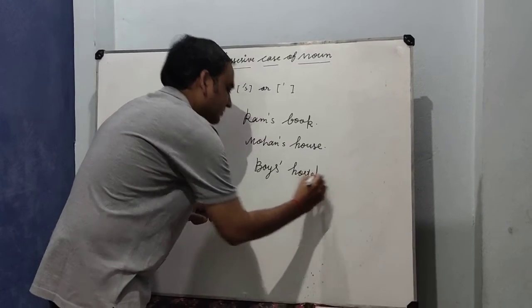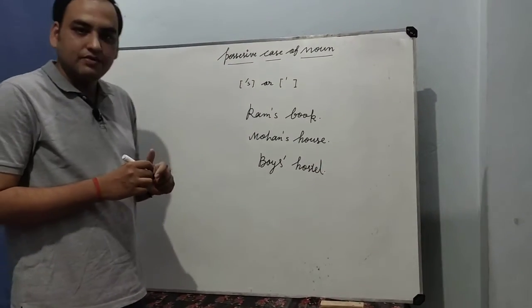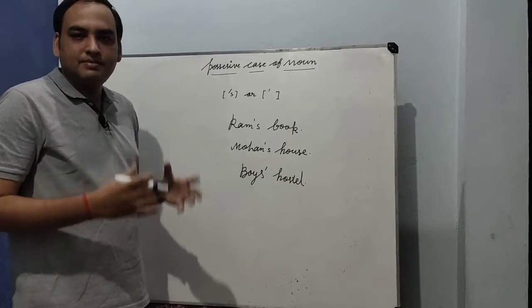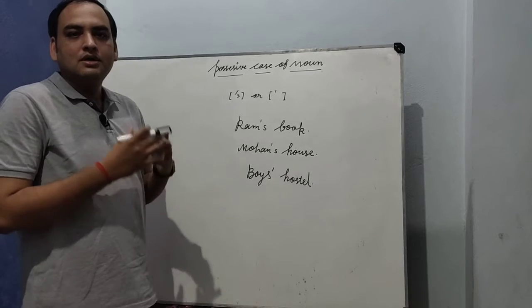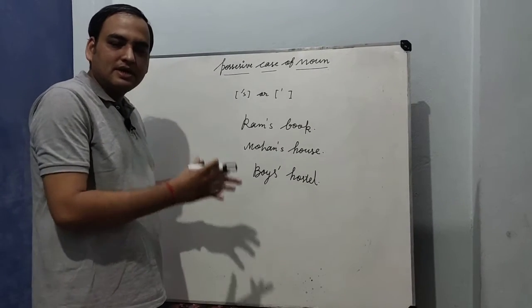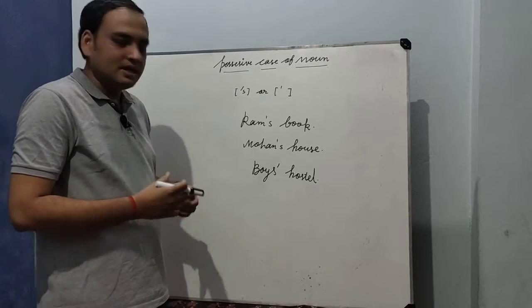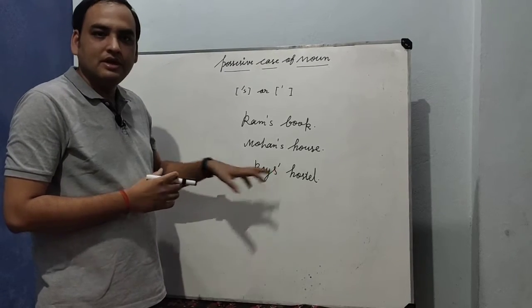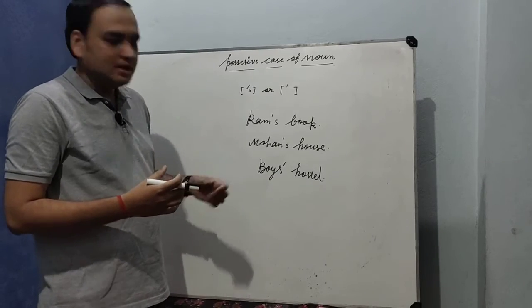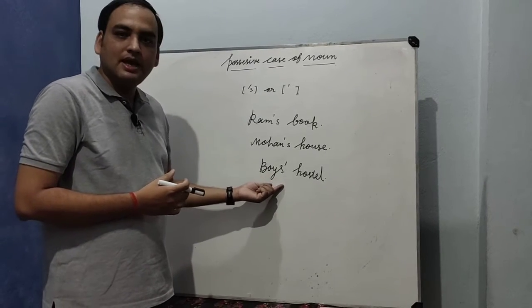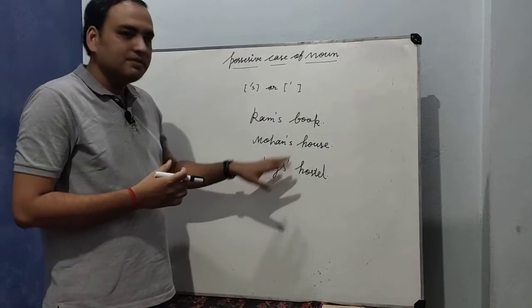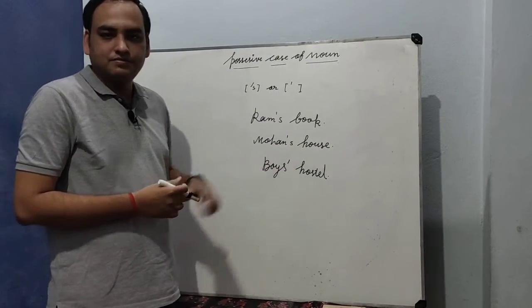It means we are talking about a hostel in which boys are living and there are many persons, more objects in number. है ना. तो ऐसे component की बात कर रहे हैं जहाँ पर बहुत सारे numbers होंगे, then we will use this apostrophe at the end of the noun, or we will use it if a word ends with s, to make possessive case of noun.